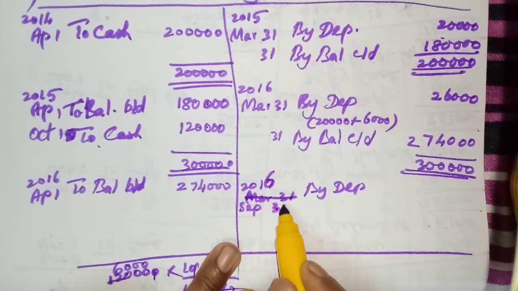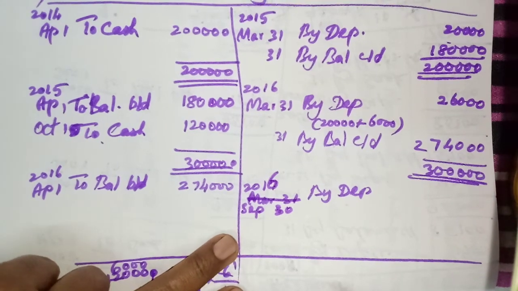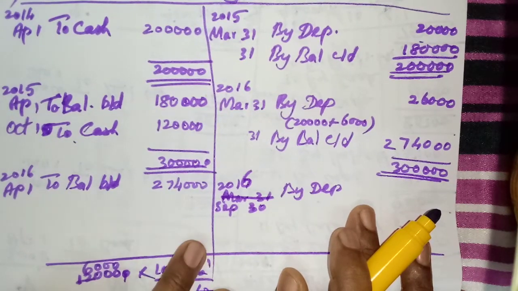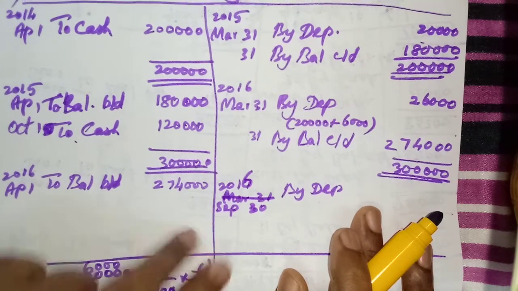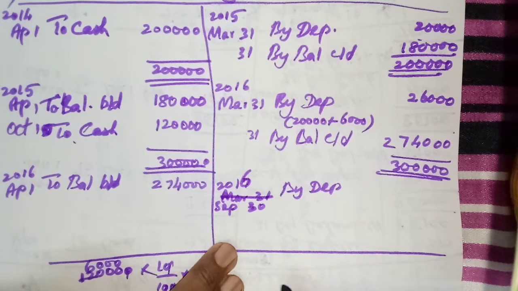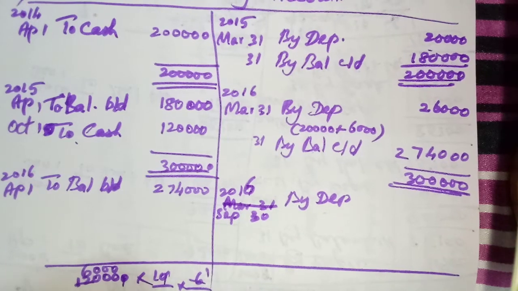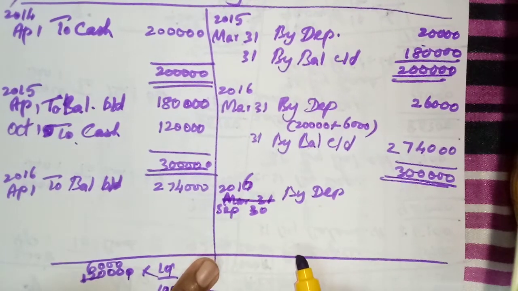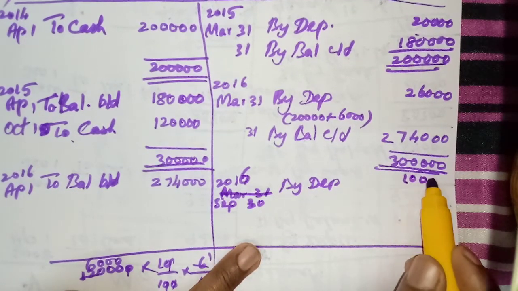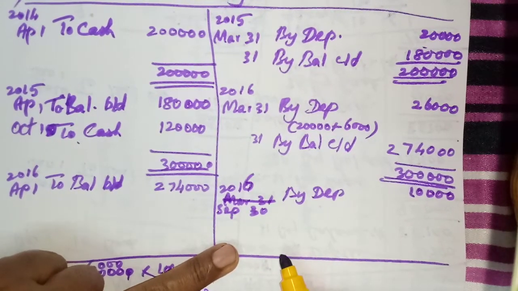September 30 by depreciation, how much? For the first machine, for 1 year it is 20,000, isn't it? For how many months do we need to calculate? April, May, June, July, August, September, 6 months. 6 months means half, 10,000. Depreciation.